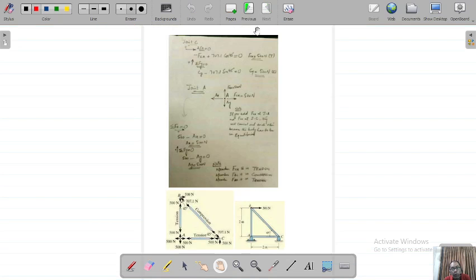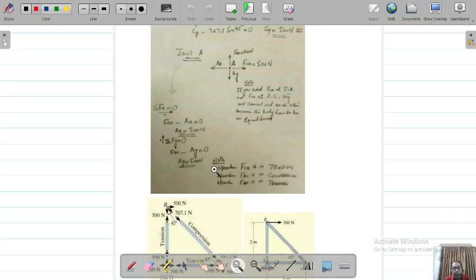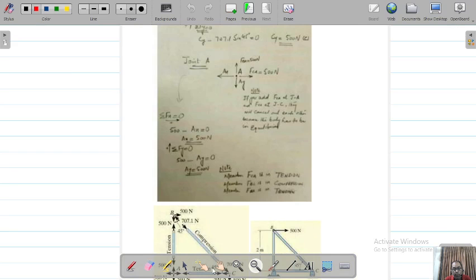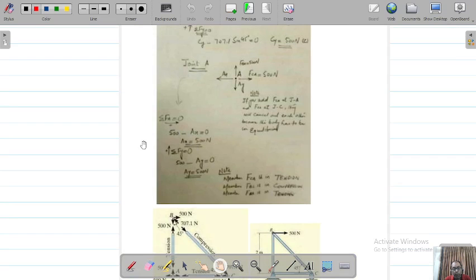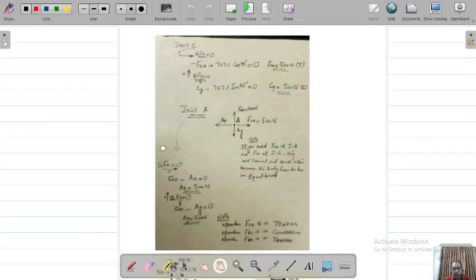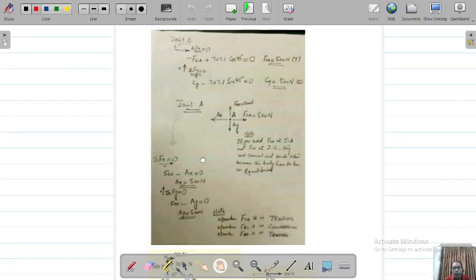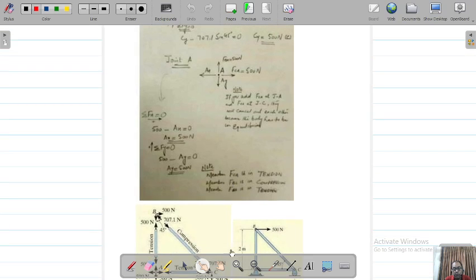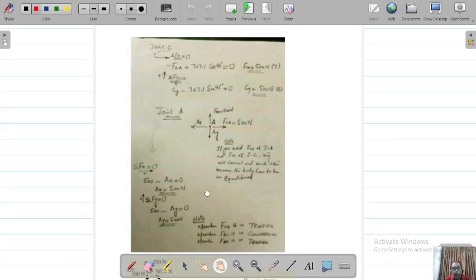Again, this is joint C, sigma Fx equals 0.